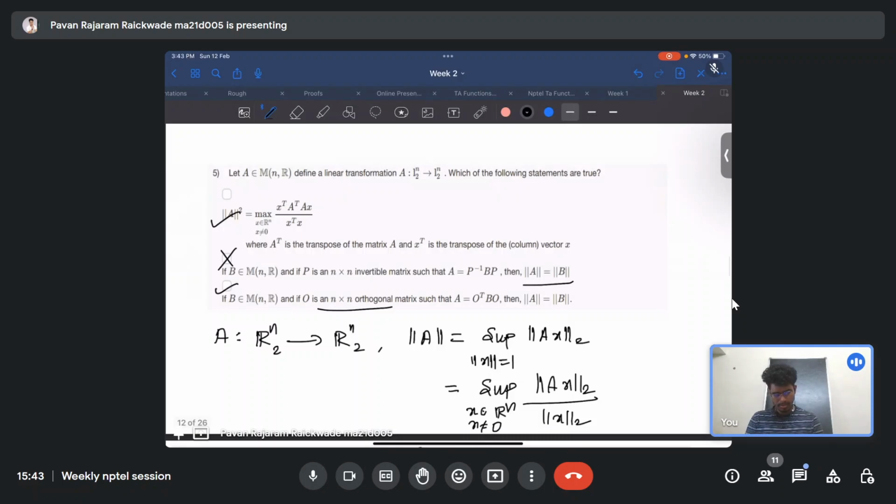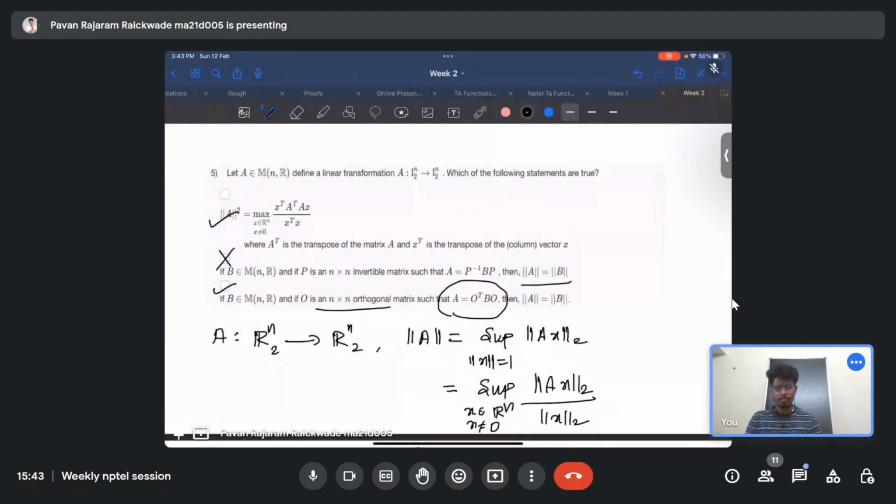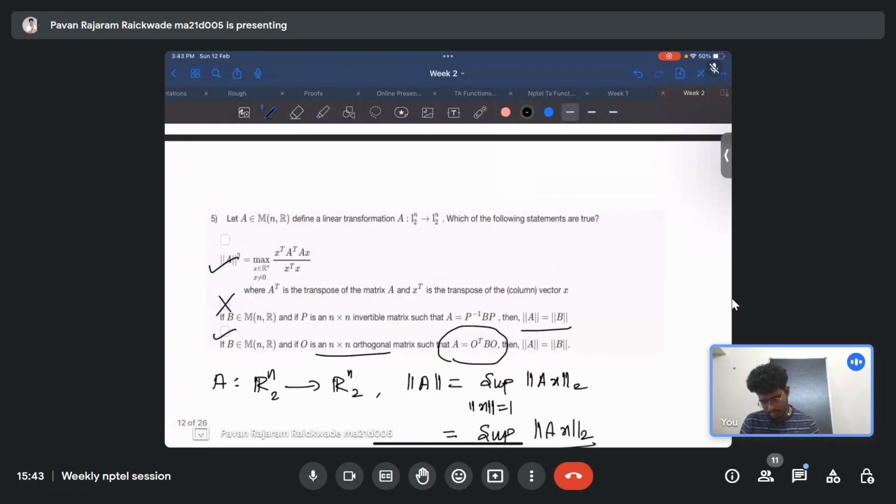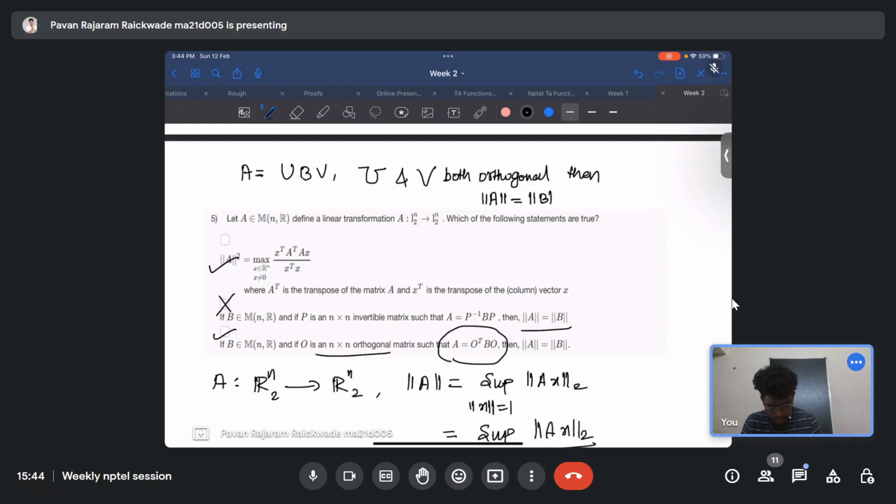Here, what we have observed is that the norm of O transpose B O is the same as the norm of B. The remark is, even if A equals U B V, where U and V are both orthogonal, then by a similar procedure you can show that norm A will be the same as norm B. Try to prove it.